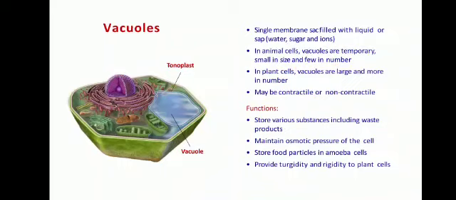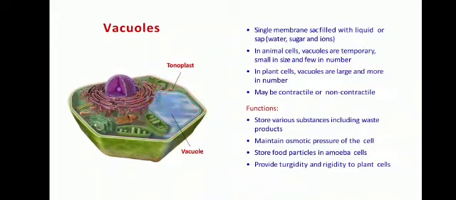Then the vacuoles. This is a vacuole, a single-membrane sac filled with liquid or sap, water, sugar and ions. In animal cells, the vacuoles are temporary, very small in size and few in number. But in plant cells, vacuoles are very large in size and more in number.